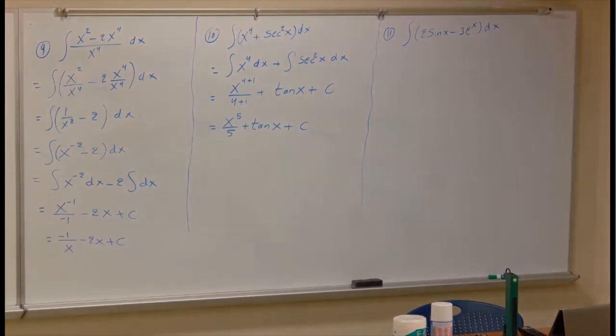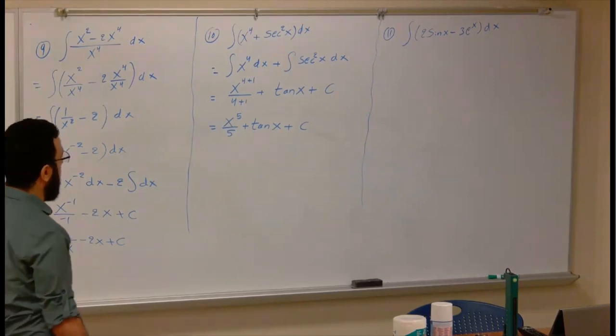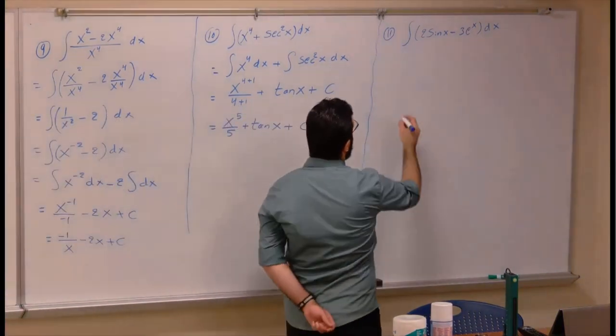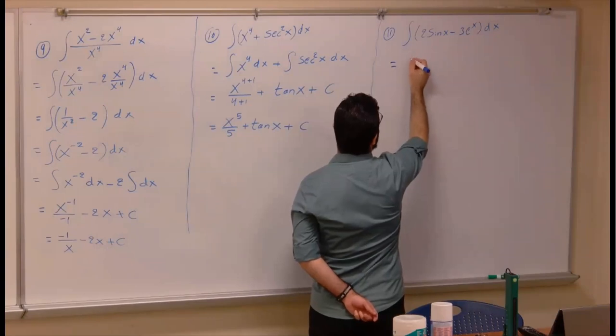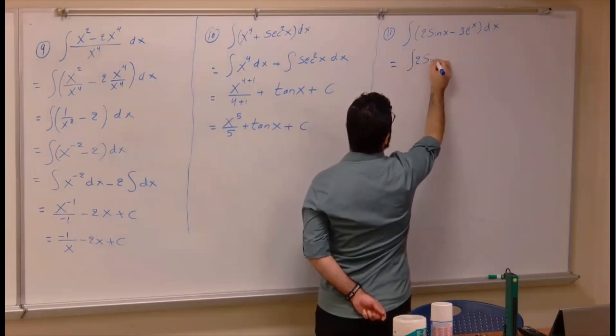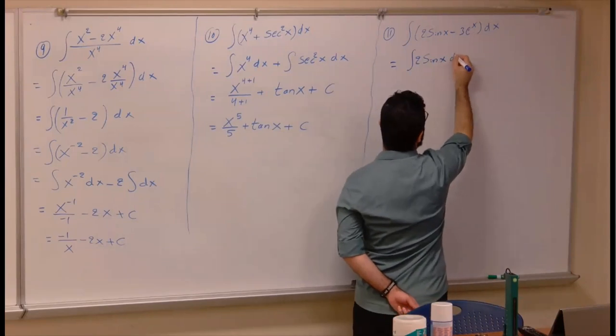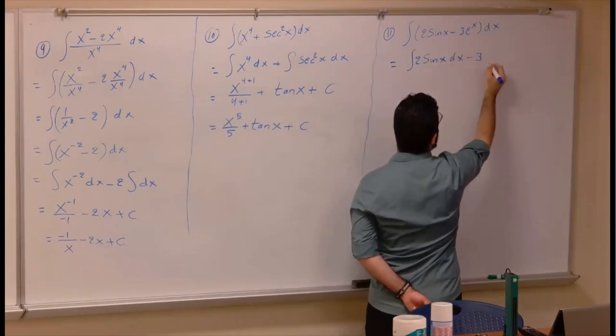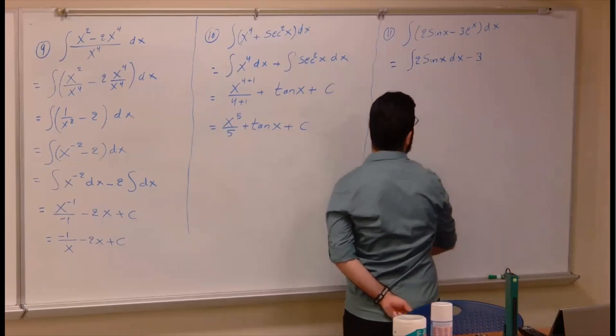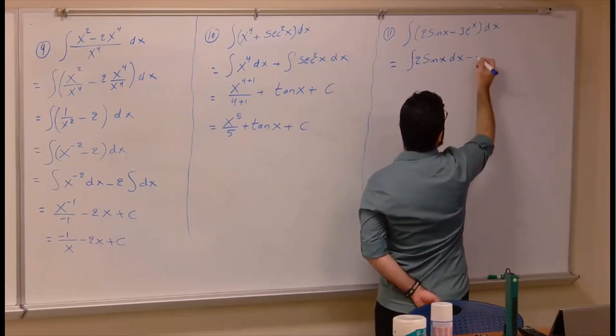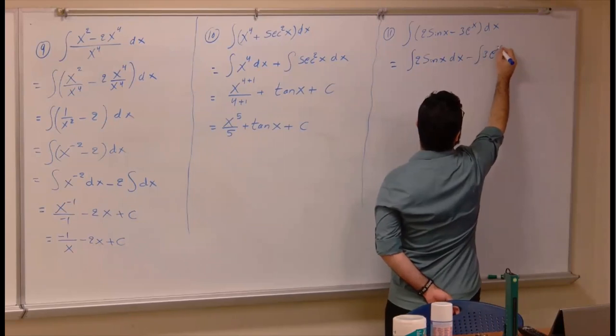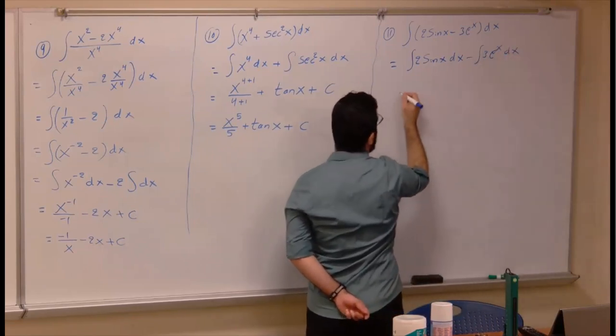We're going to do the same thing with the next example. If you have sine, which rule are we going to use? The integral of sine is negative cosine. That's rule number 6. So it's going to be the integral of 2 sine x dx minus the integral of 3 e to the x dx.